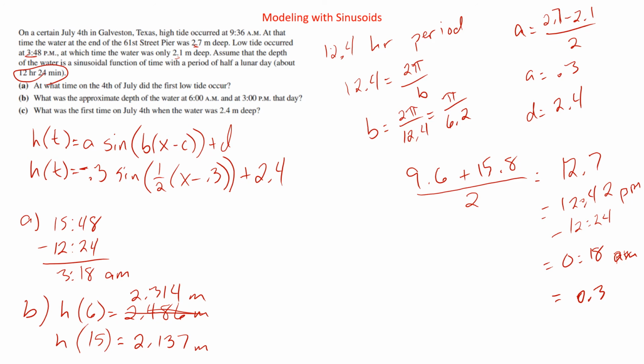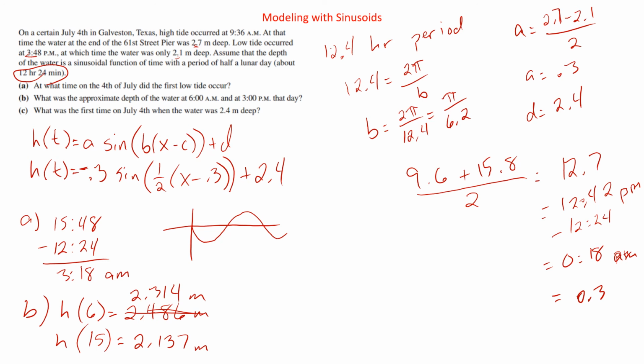I should have looked at part A, because if we're starting just after midnight, we're going to go down to low tide. The graph of this one is going to look like this. So it's that negative sign. We have that reflection there. So even though the amplitude is 0.3, in the equation it's going to be a negative 0.3.